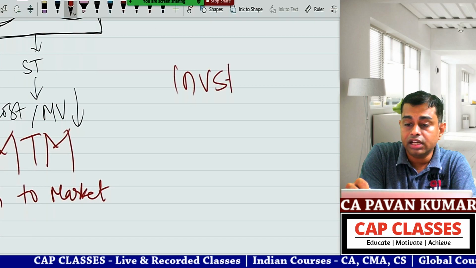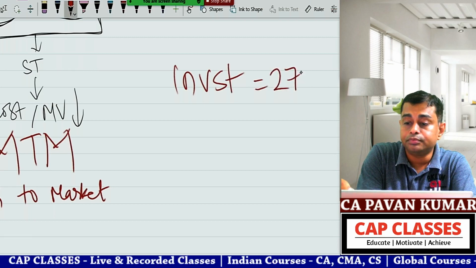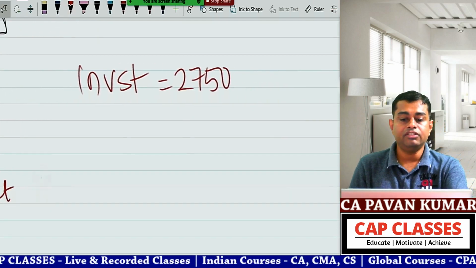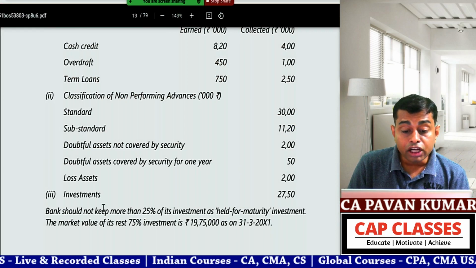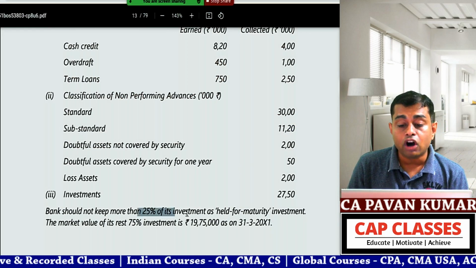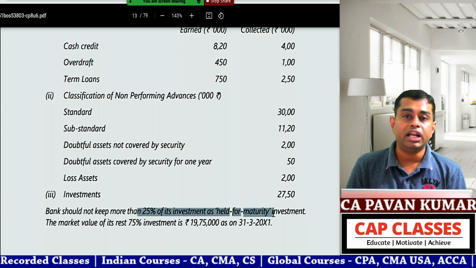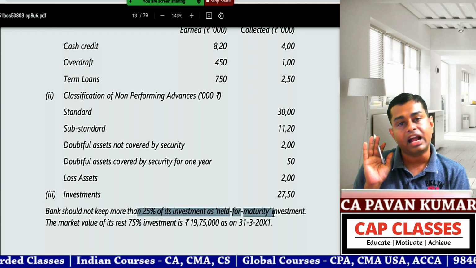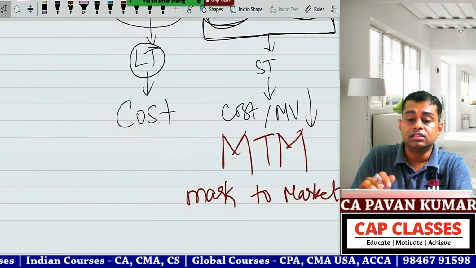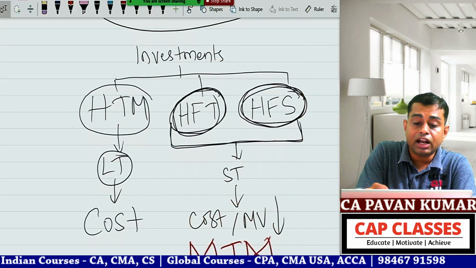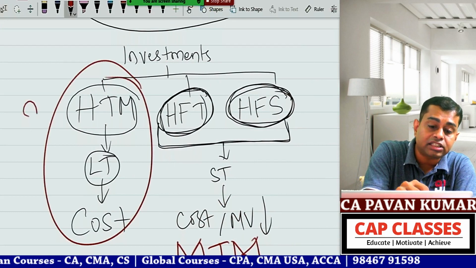Investment is 2750. Okay. A bank should not keep more than 25% of its investments as held till maturity. This is the rule as per the Banking Regulation Act. When you read theory, clearly it is mentioned that this cannot be more than 25%.